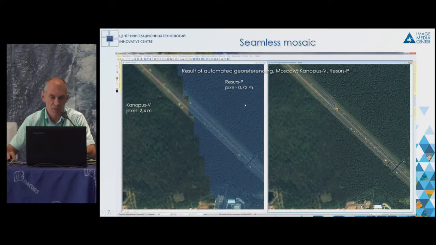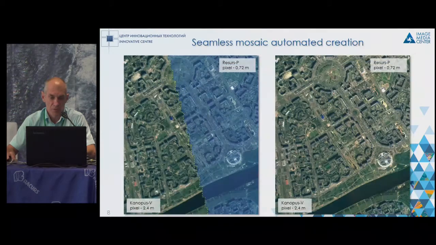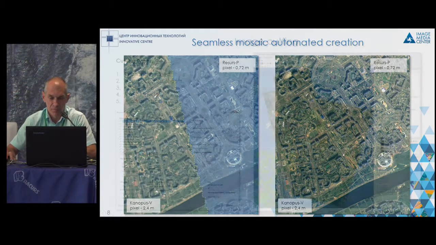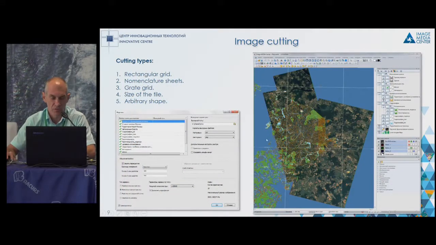This fragment of 60 gigabytes, the program calculated about 2 million stitching points, and automatically it rectified the radiometric correction, and with high quality information as a result.